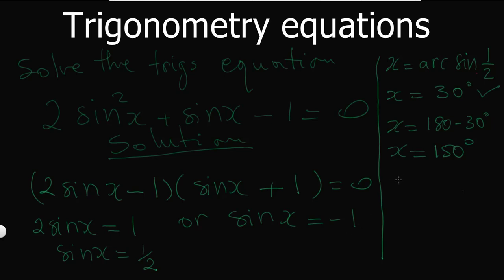Now, what will happen for this one? We have x equal to arc sine of minus 1. Which angle gives you minus 1? We have 90 degrees on the top when the sine is equal to 1. On the bottom, sine will be minus 1. So the answer will be 270 degrees.